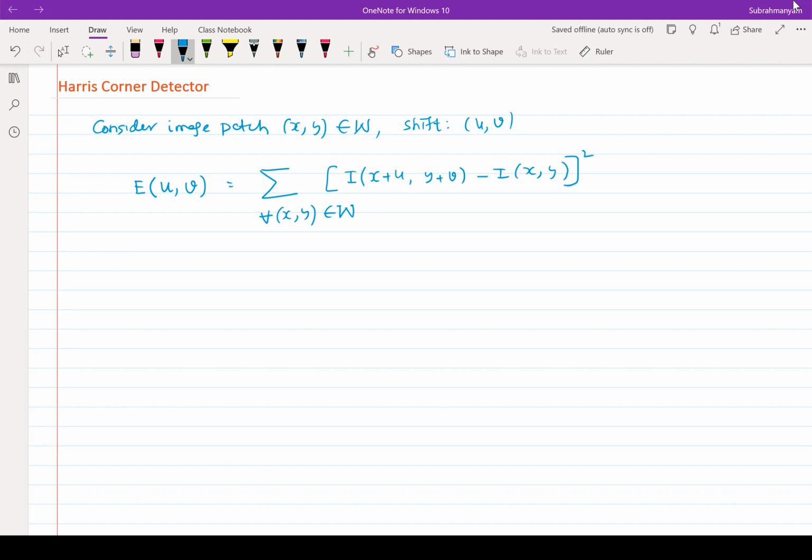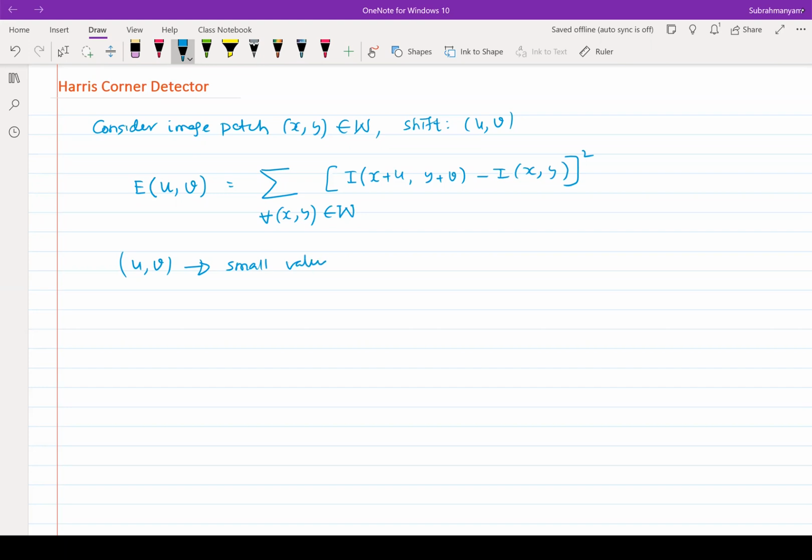It's just that I wrote x plus u, y plus v first. It doesn't matter even if I write the first term as the second term, because the square is there. I am taking the sum of squares of differences. It doesn't really matter. This is for small values of shifts.